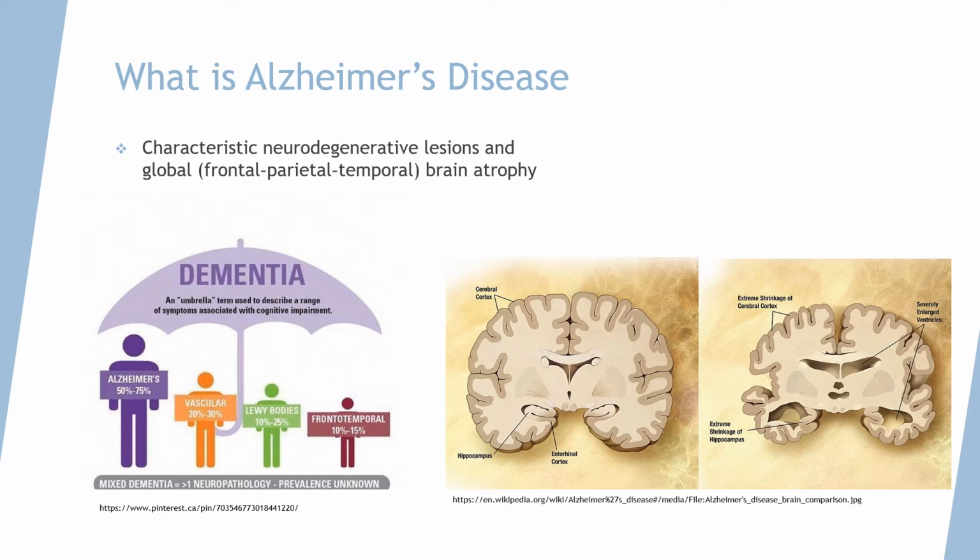Global includes the frontal, parietal, and temporal lobes. The picture below on the right shows the coronal view of the brain, and you can see that every aspect of the brain begins to shrink throughout the progression of Alzheimer's disease.